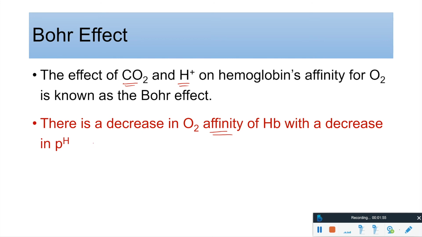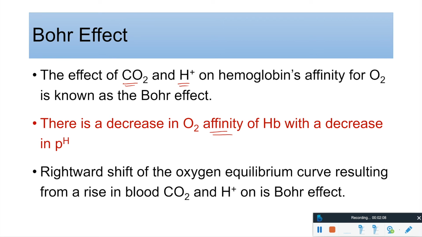That means if the H plus ion is high, the pH will decrease. This will lead to decreased affinity for oxygen. And sometimes it is also described like this: the rightward shift of the oxygen hemoglobin dissociation curve resulting from increased carbon dioxide or increased H plus ion is known as Bohr's effect, right?